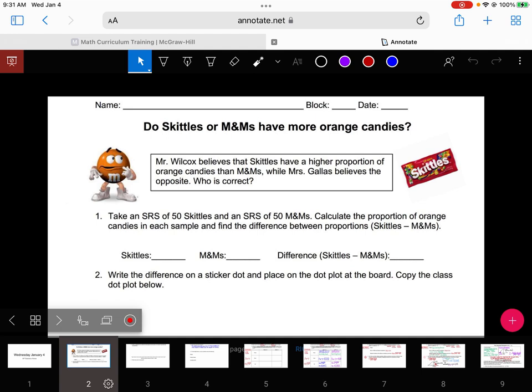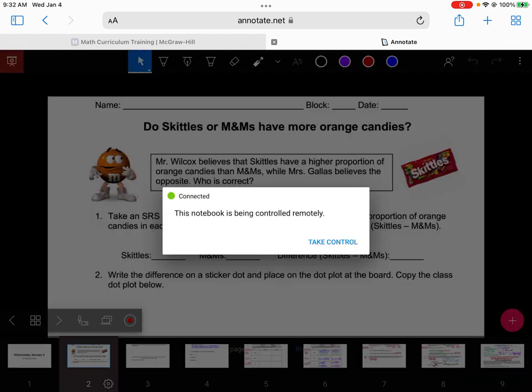So you want to count the oranges in each of these. You're going to record the proportion of orange M&Ms, the proportion of orange Skittles. And remember, it's out of 50, so your denominators on both of these are going to be out of 50. Skittles first, apparently.